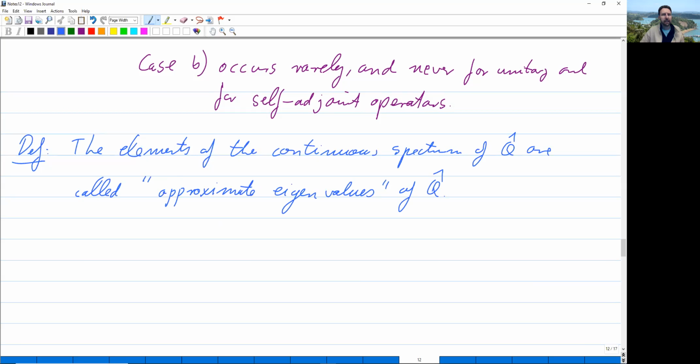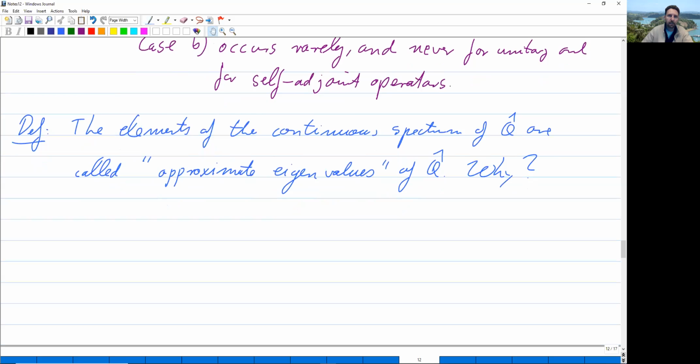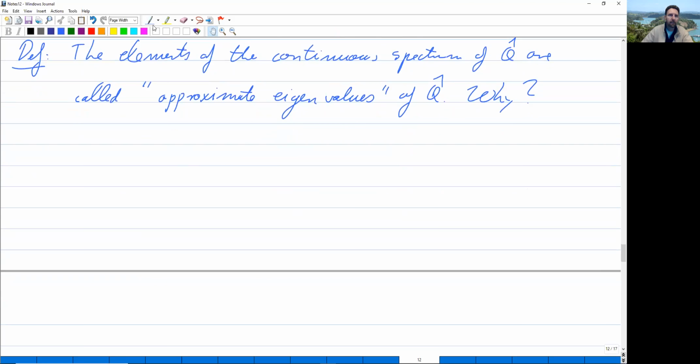Why would that be a good name? Approximate eigenvalues. Why? Well, there is a theorem that can be proven about them, which is super useful to know.